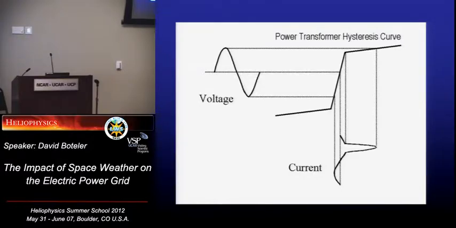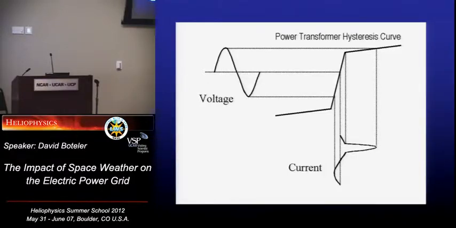So in normal operation, it's working symmetrically and you have a sinusoidal voltage applied, you get a sinusoidal electric current associated with that. When you've got GIC in there, it's creating extra magnetic field inside the transformer, and that's offsetting the operating point of the transformer. So it's shifted up away from the central region, and now the voltage is going around into the saturation region.